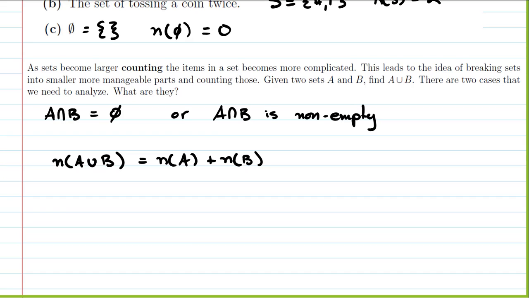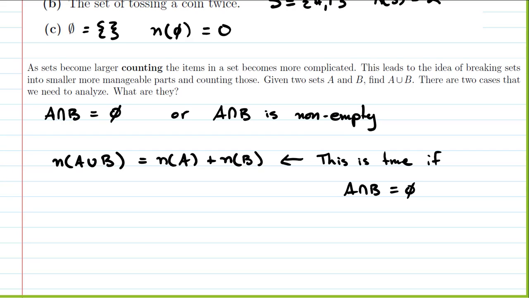Because A union B is the stuff in A or the stuff in B. So the only way this is going to be true is if A intersect B is the empty set, because then they would have no overlap.